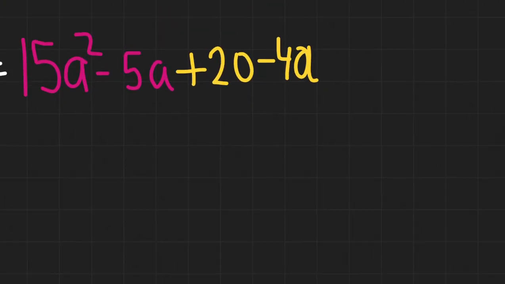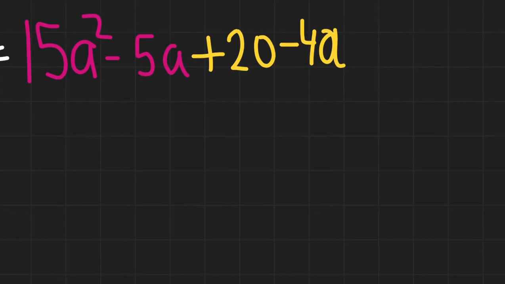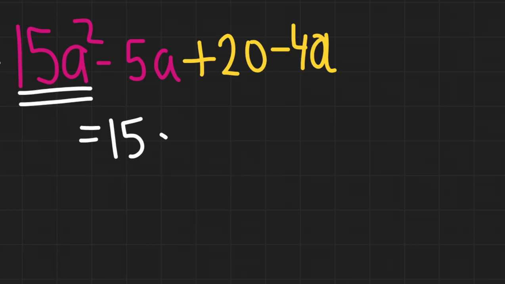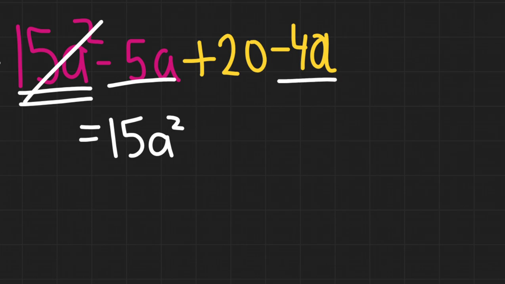Guys, let us focus here and see, do we have any like terms? 15a squared. Is there any other a squared? No. So we copy 15a squared. Then we have minus 5a. Do we have any term that is with a only? There is another one.